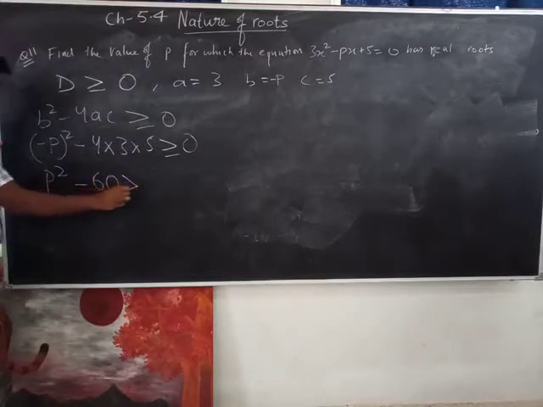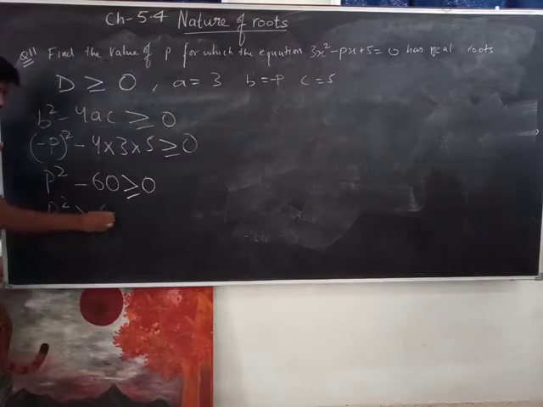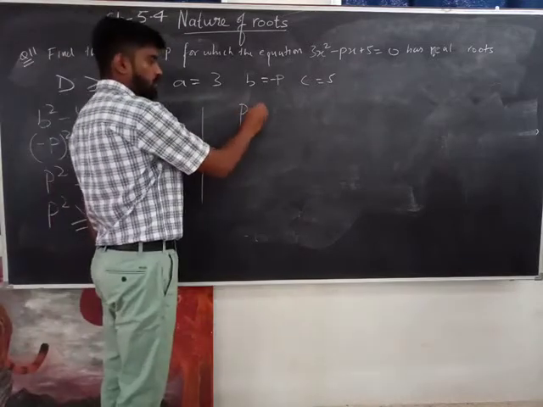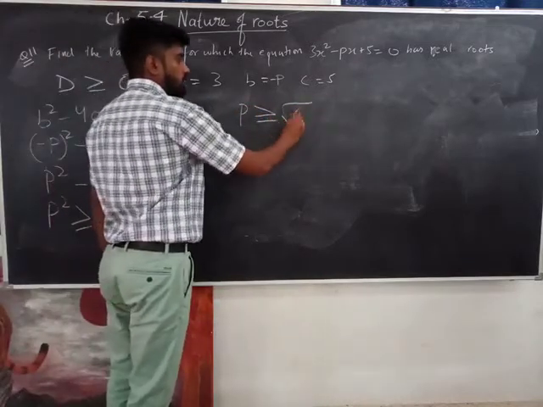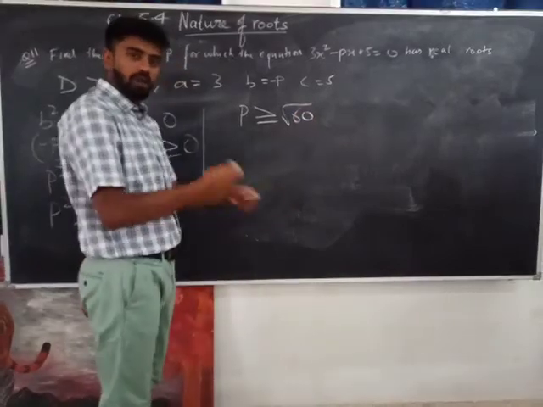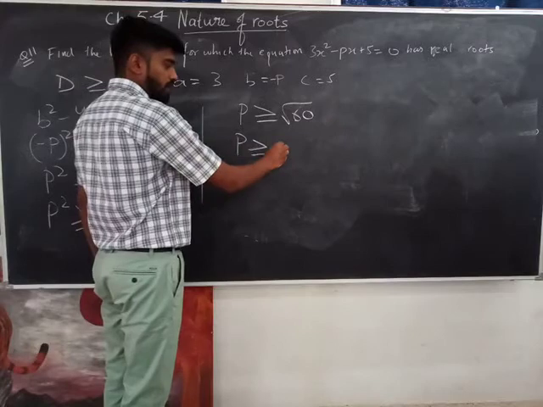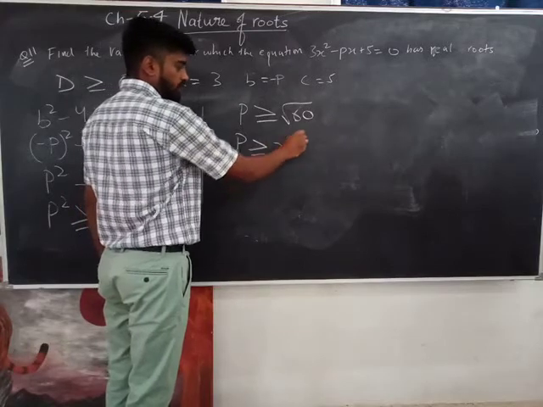60. And p square, 60 minus 60 goes on that side and becomes plus 60. And now what's going to happen? P is going to be alone on this side and root हो जाएगा 60 का. And how can 60 come out? 60 can come out as 2 root 15.